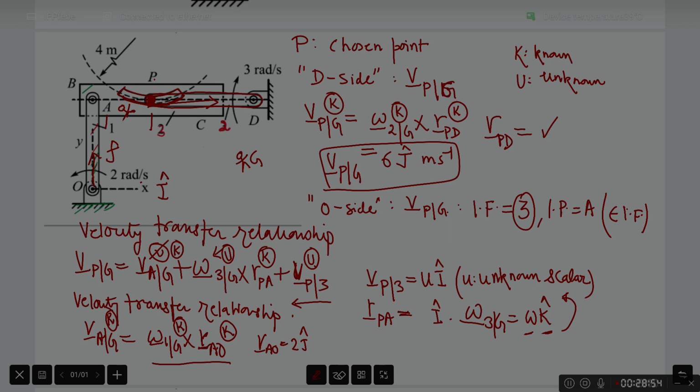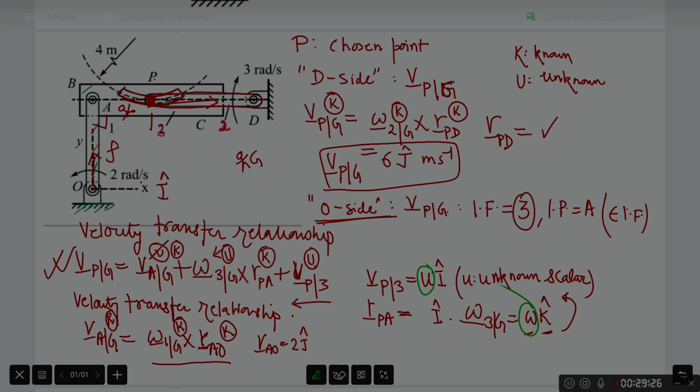So in this expression of VPG, which I am getting from O side, you will observe that I have two scalar unknowns. The first scalar unknown is U, and the second scalar unknown is omega. To be able to solve for these two unknowns, I need two scalar equations.